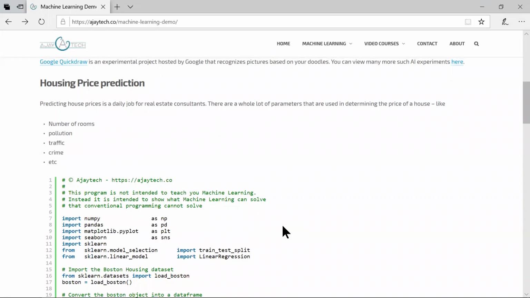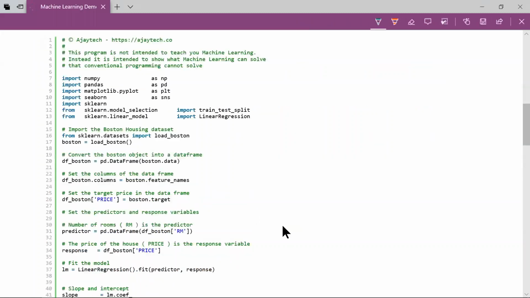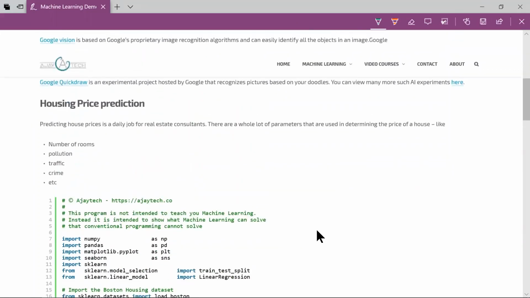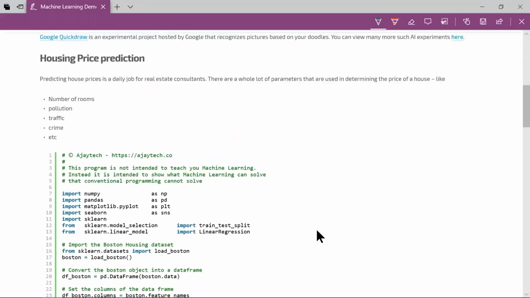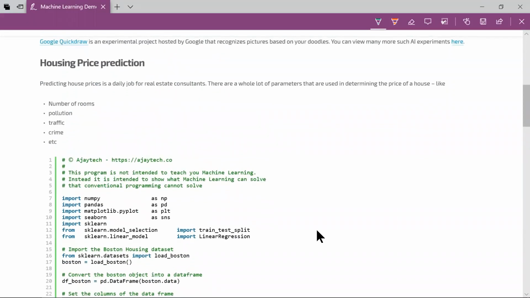This is an example of an actual data set that we'll be doing sometime down the line, probably in the first 5 days. Okay, so what do we have to do here? Housing price prediction. Okay, so there is a data set called Boston housing.